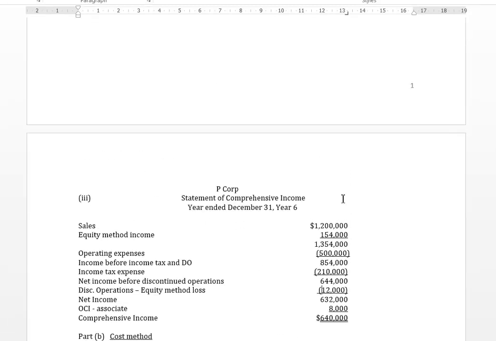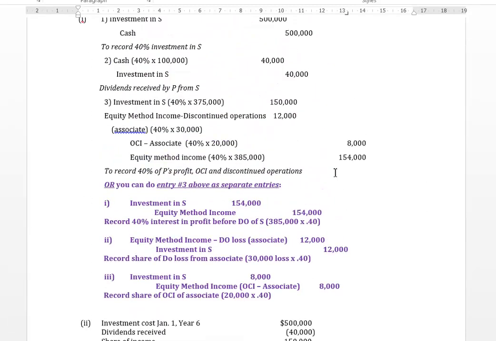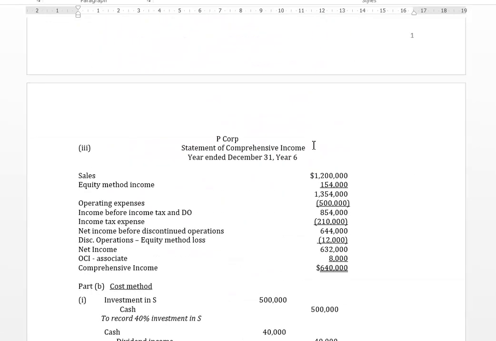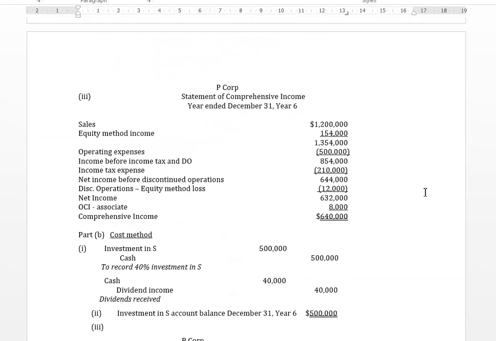We showed you up here when we did the entries. We took our share of S's DO, which was $12,000, and that debited or reduced our income. So we've got that loss in there of $12,000 that we took our share of. So now we've got net income of $632,000. And then we're going to add our OCI piece at the end here, which is our share of the unrealized gain of $8,000. And that's going to give us total comprehensive income of $640,000.